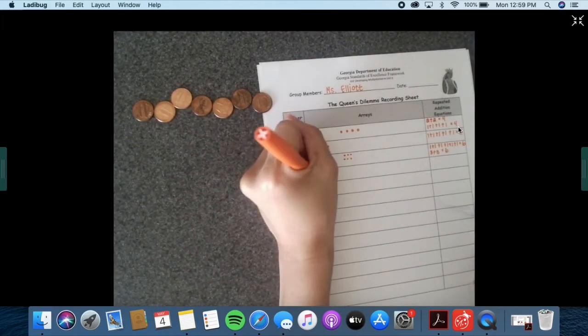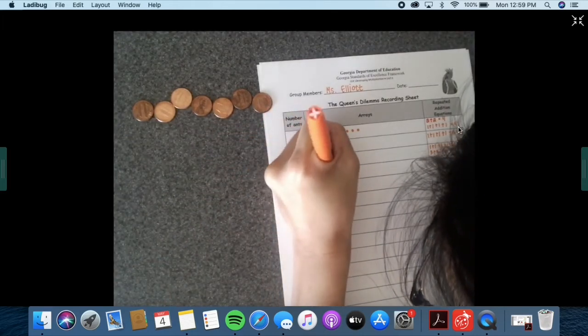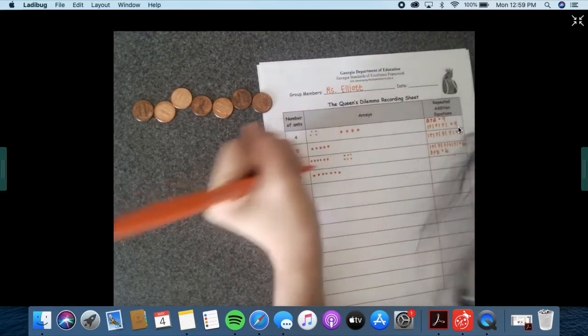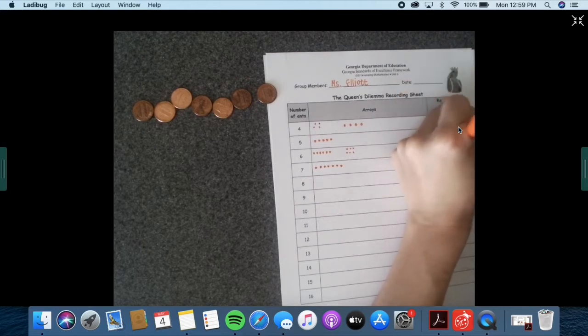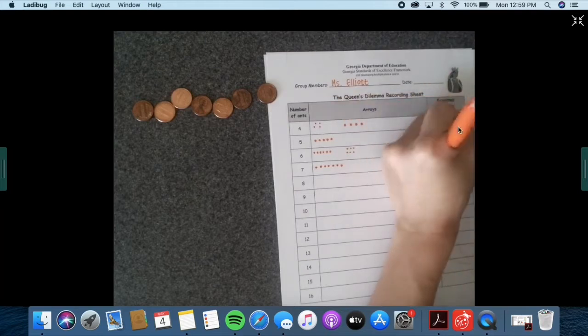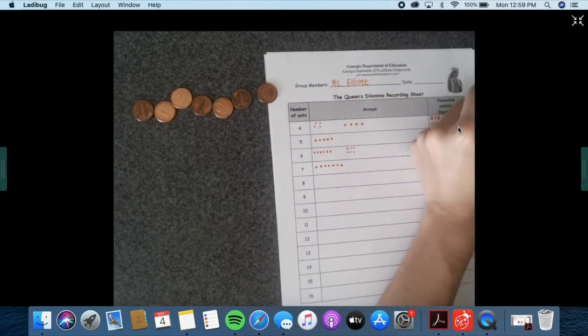So my array would look like this. 1, 2, 3, 4, 5, 6, 7. So it'd be 1 plus 1 plus 1 plus 1 plus 1 plus 1 plus 1 is equal to 7.